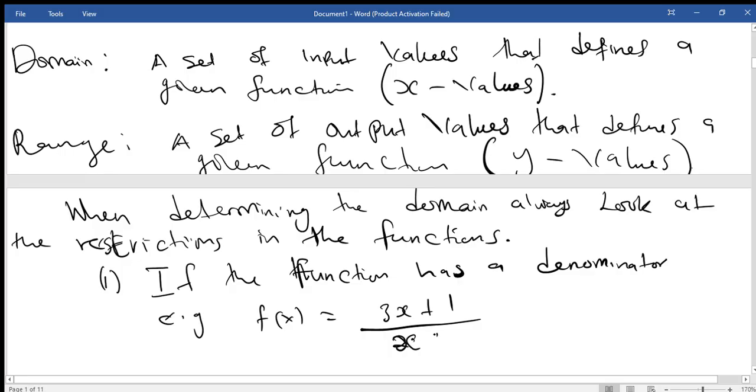So this is a certain function given, and then you're being told to find the domain of the function. So the restriction here is the denominator.